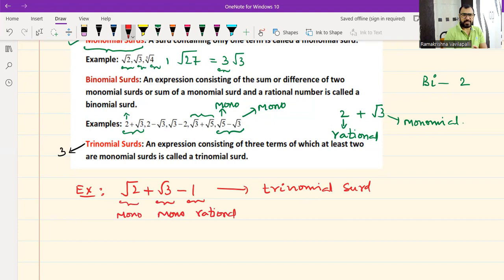So it is a trinomial surd. Or you can take cube root of 3 plus cube root of 9 plus square root of 2. It is also a trinomial surd, because here we have three monomial surds.